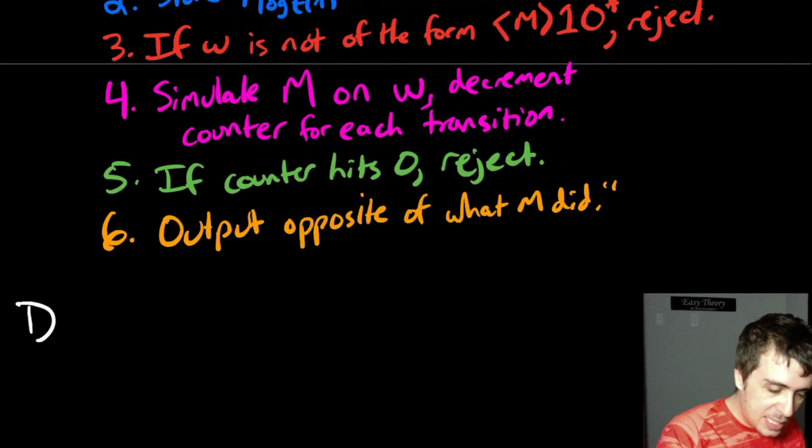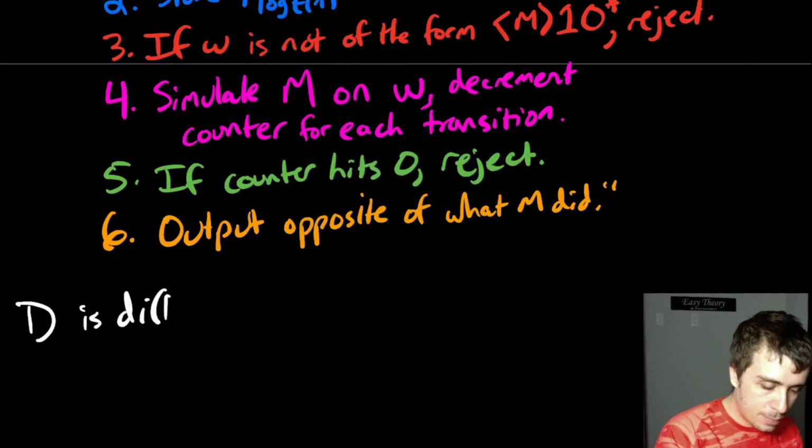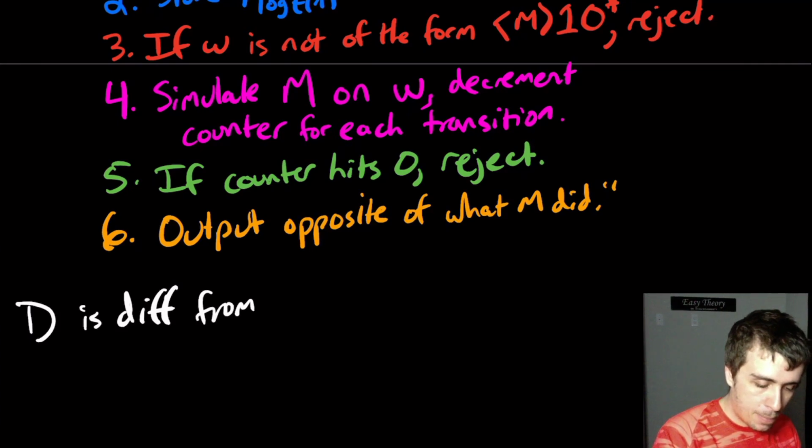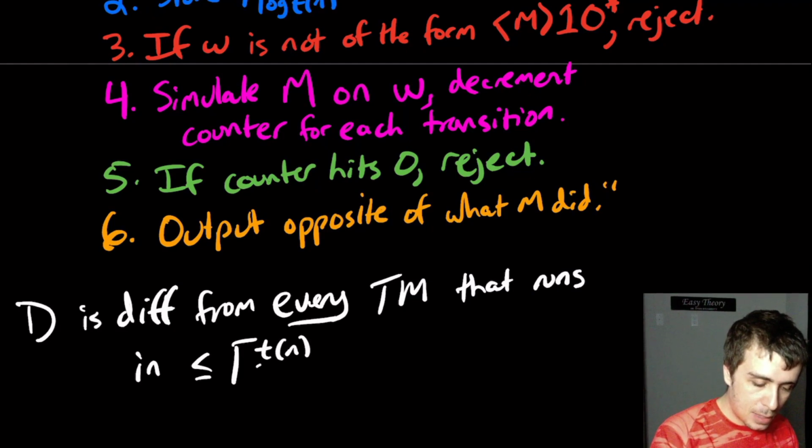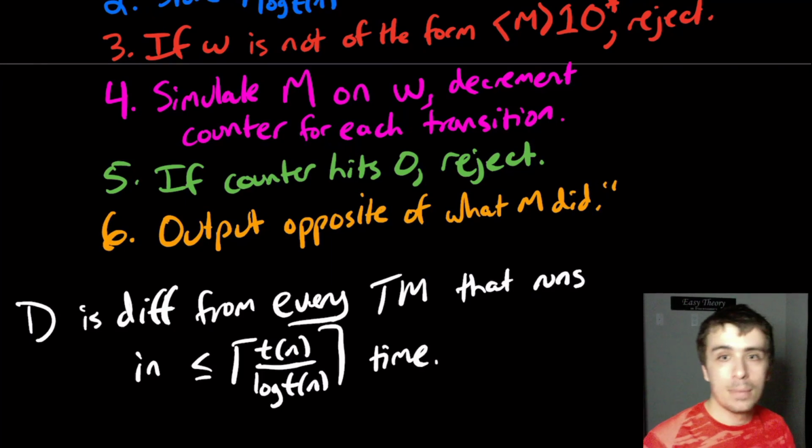So D is different from every Turing machine that runs in at most T of n divided by log T of n time. Okay. So it's obviously different from that.